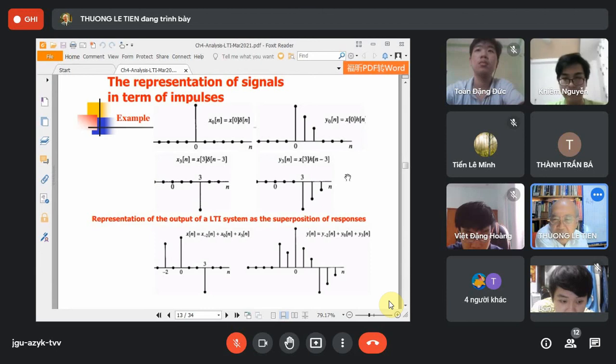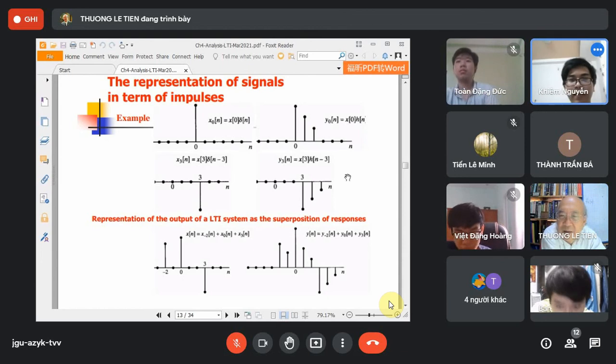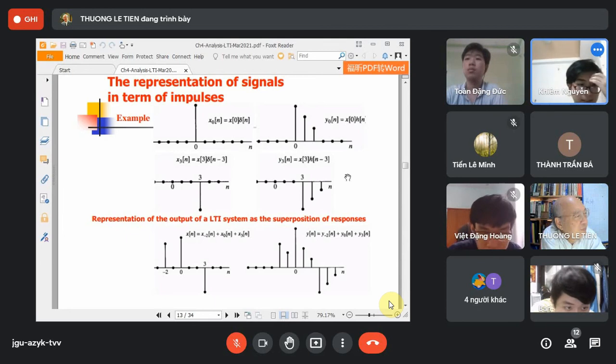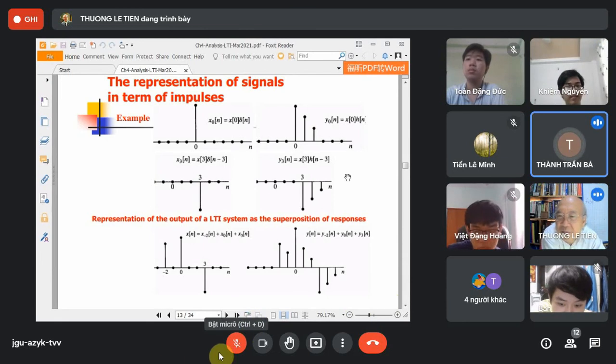Okay. So, do you know the basic definitions of the impulse response? I think it's equal to 1 when n equals 0.